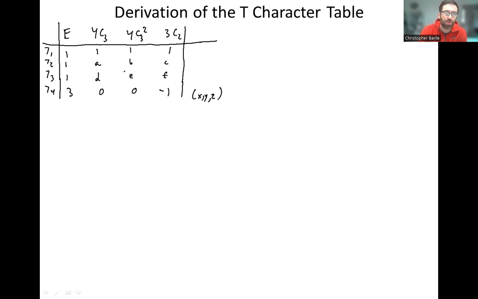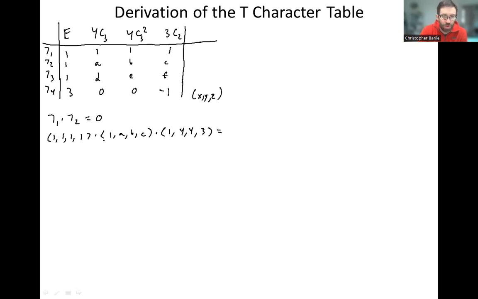So let's use the principle of orthogonality, right? And so let's start off with gamma 2 here. We know that gamma 1 dotted with gamma 2, all the dot products have to be equal to 0. Remember, these dot products are adjusted for the amount of symmetry operations in each class. So in this case, I would write down gamma 1, which is ones across the board. I would write down our unknown, gamma 2, right, with our ABCs. And then also write the number of symmetry operations in each class, which is 1, 4, 4, 3. That just came from the top here.